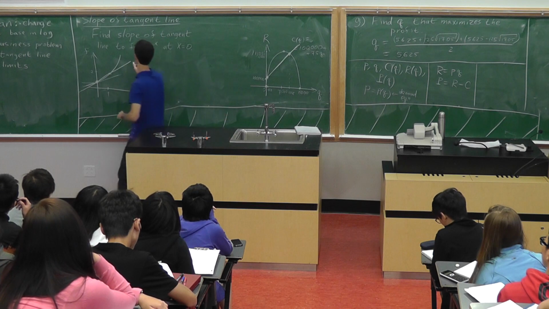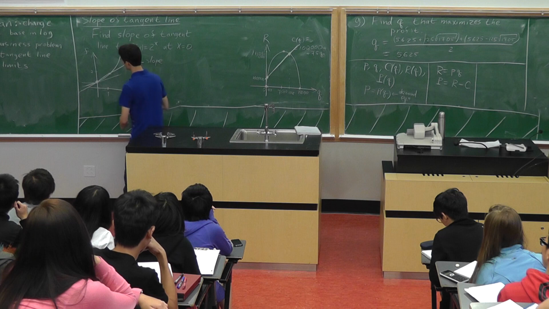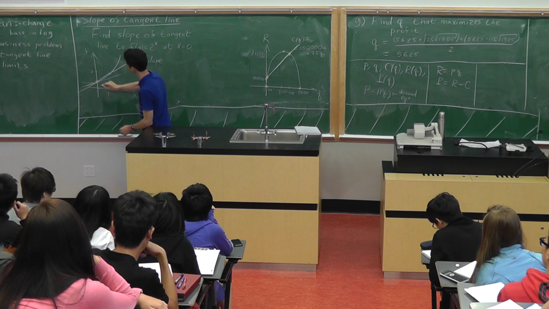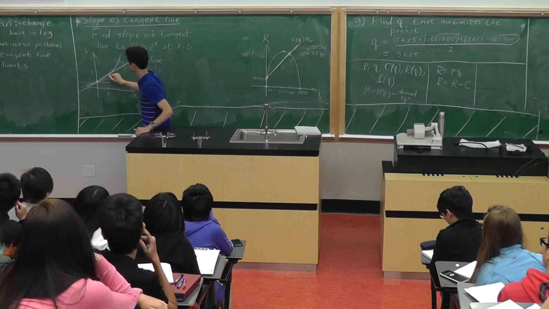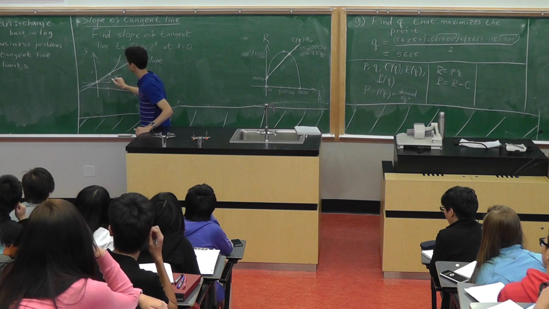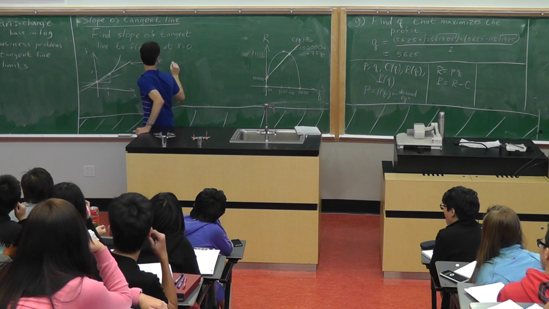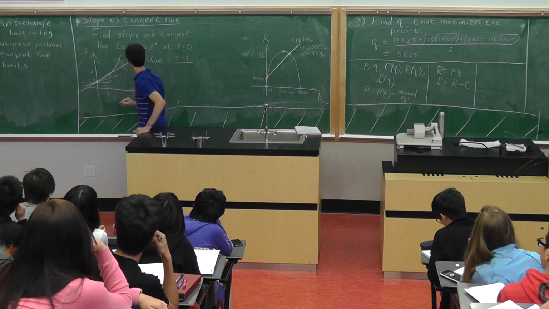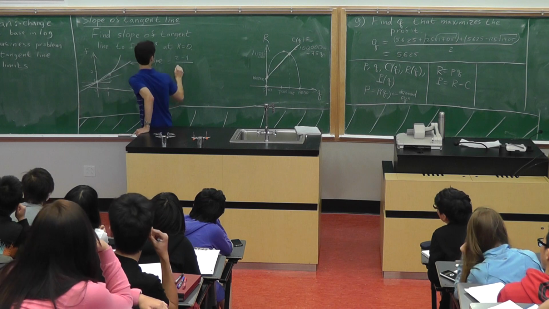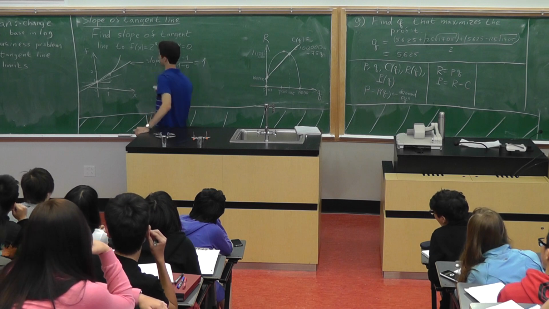So what is its slope? It's the change in y value divided by the change in x value. The change in y value is 2 minus 1, and the change in x value is 1 minus 0. So it is 1.